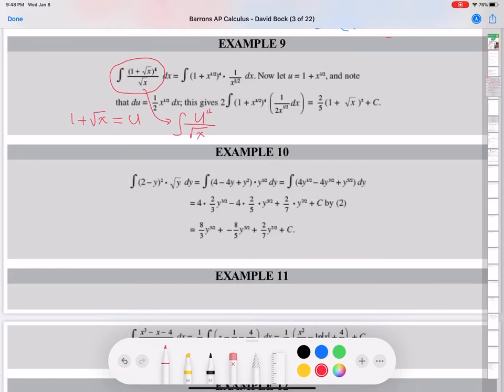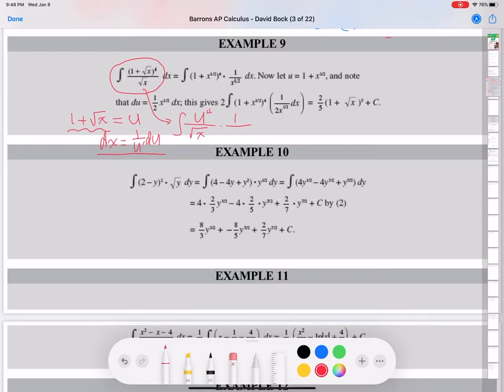So what was dx? dx is always 1 over u prime du. You remember this, right? So 1 over u prime. The u part was 1 plus root x. What is the derivative of 1?